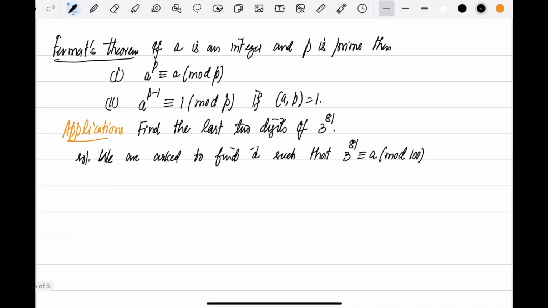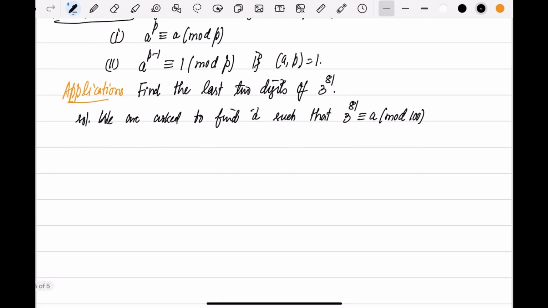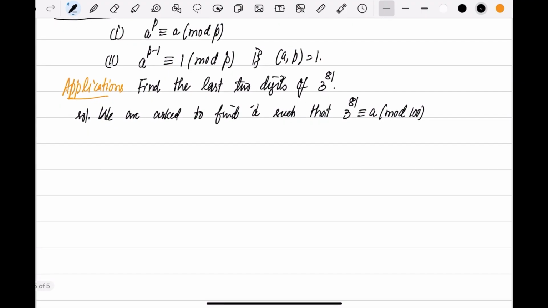We have not defined congruences in this lecture, but as from the beginning, we assume that the lecture is only for those who have already completed post-graduation in mathematics, so they know how to define congruences. Okay. So now how do we begin? We know that 3 is congruent to 3 mod 100. Then we increase the powers: 3 power 4 is congruent to 81 mod 100.